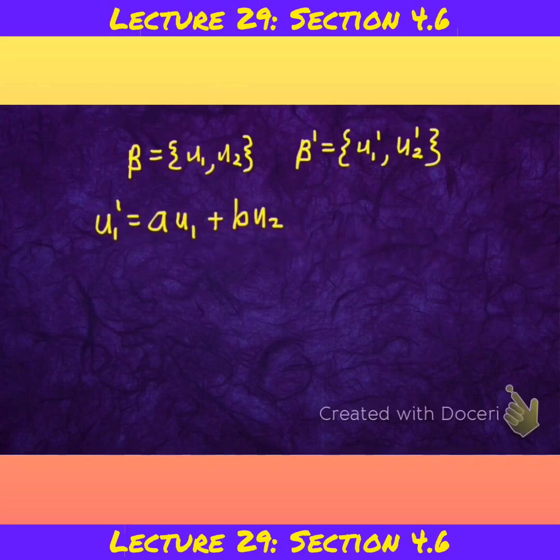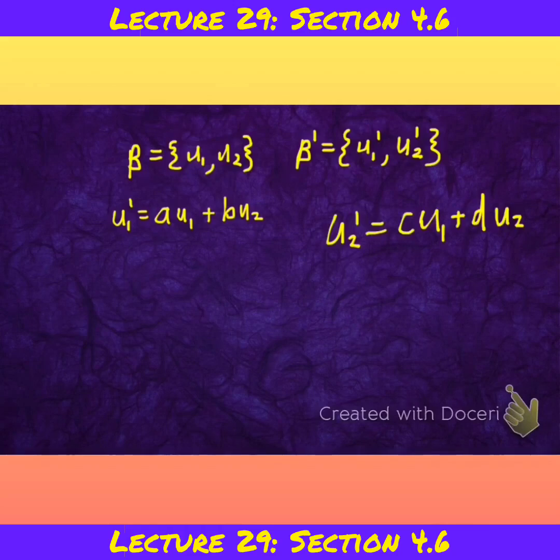Right, so I can take my first vector u1 prime in the basis B prime, and I can write it as a linear combination of the vectors in B. And remember, B is a basis, so by the property of a basis it spans the whole vector space V. So you can certainly do that.